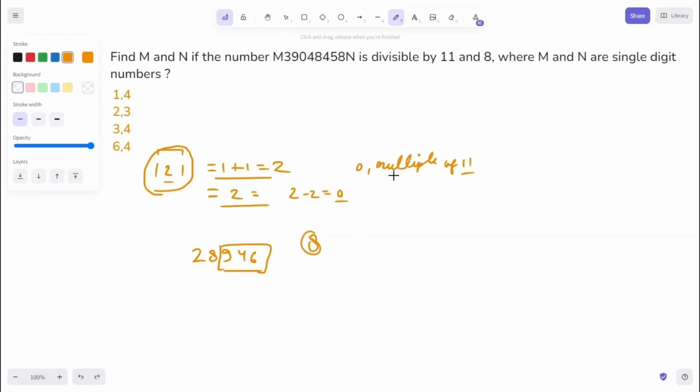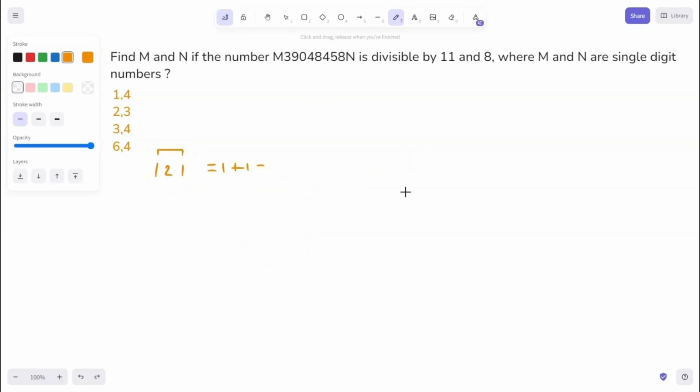Now let me clear this. As you can see, the number is m39048458n. Let's apply the divisibility rule of 8. We take the last 3 digits, which are 5, 8, n.